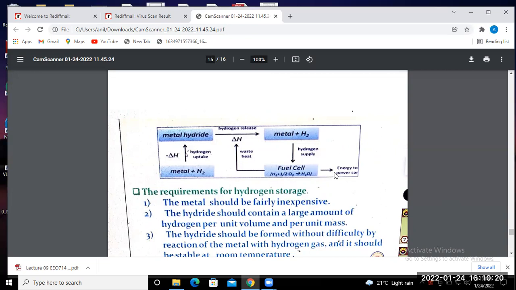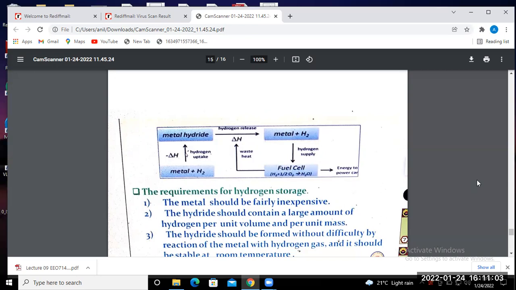Metal plus hydrogen gas gives hydrogen uptake, that is, metal hydride, and from there the hydrogen can be released to feed a fuel cell, providing energy to power a car. You can use this hydrogen as fuel for vehicles.